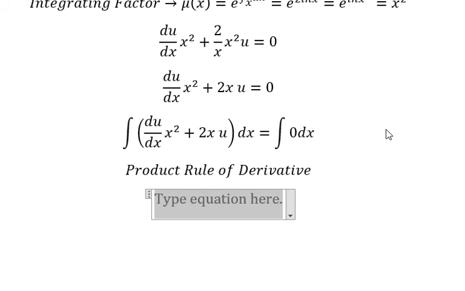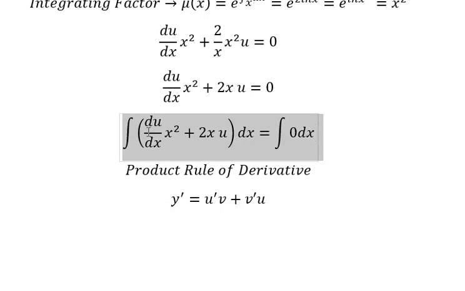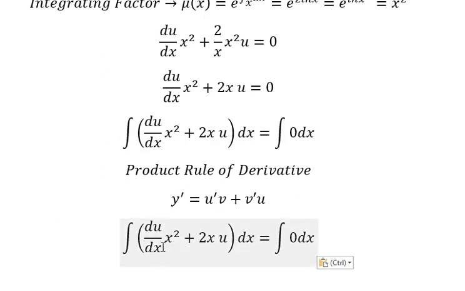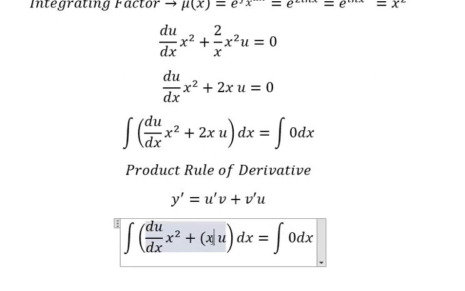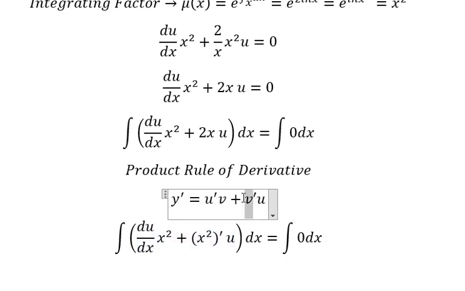So the first derivative of y equals the first derivative of u multiplied by v plus the first derivative of v multiplied by u. So if you look carefully at this one, this is the first derivative of u multiplied by v, 2s, that's the first derivative of s squared, and this is the first derivative of v multiplied by u.